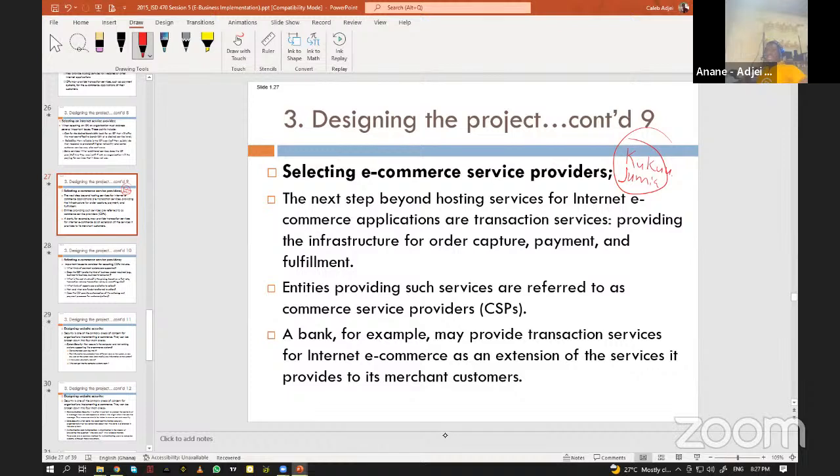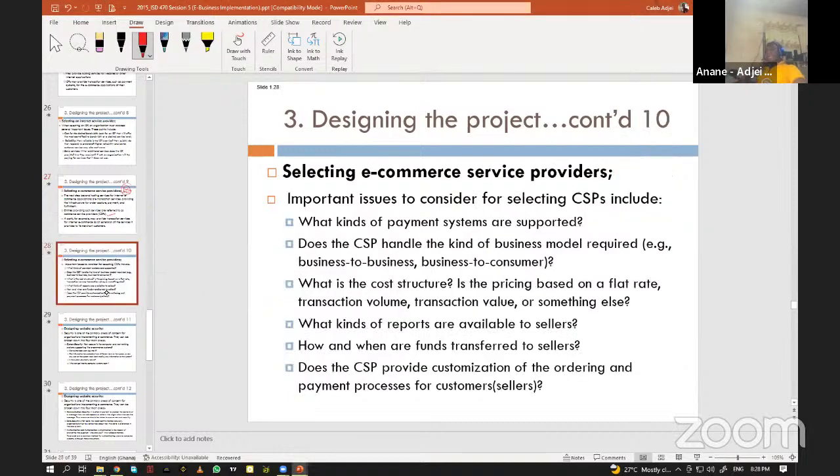So some banks will provide CSP kind of services, and if you are fortunate to have some of them here, you can use them. But currently, I don't know any bank that provides that service here. I'm not saying it doesn't exist. Maybe there is a bank providing that particular service, but I'm not aware of any.